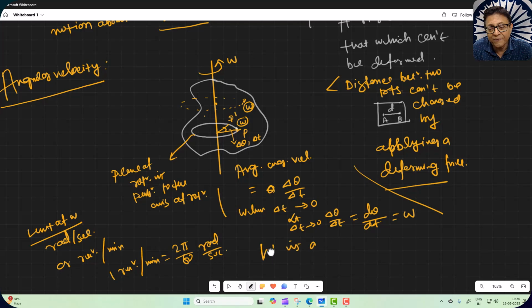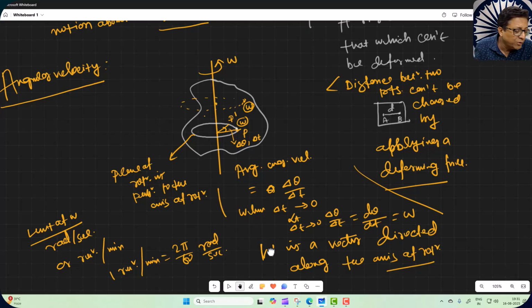Omega is a vector directed along the axis of rotation. Okay, this is the direction of omega. It is rotating with angular velocity omega as shown. I have taken omega along the axis of rotation.